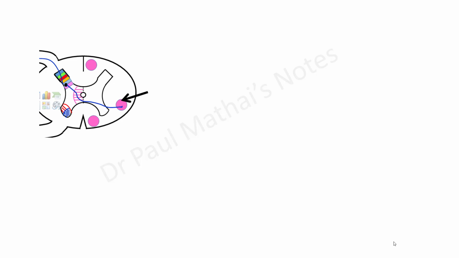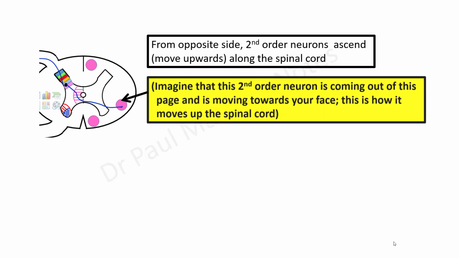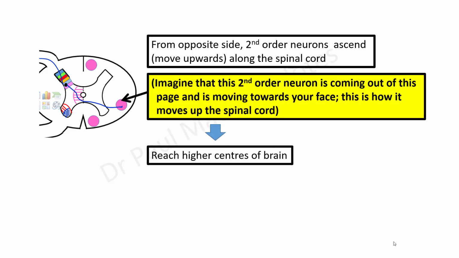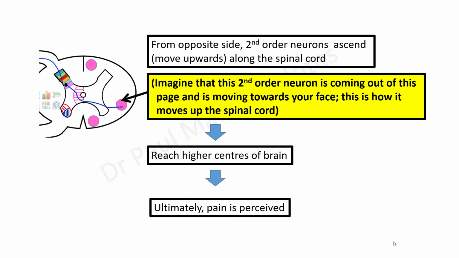So this is obviously a cut section of the spinal cord, so you would have to imagine the second order neuron coming out of the screen towards your face. This is how it would ascend up the spinal cord. So in this way, the second order neuron reaches the higher centers of the brain, and ultimately pain is perceived. This is the ascending pain pathway.